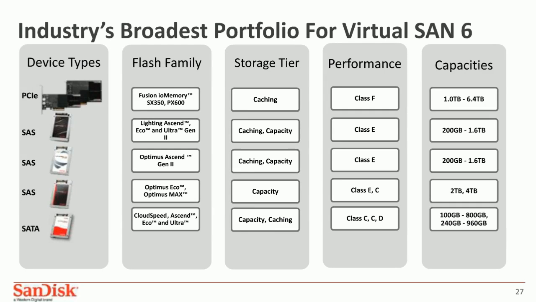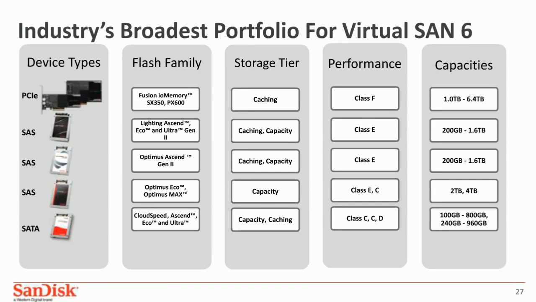That is called Lightning. Those are certified for both caching with the Ultra and the Ascend drive, in addition to capacity with the Eco drive. And in addition to that, we have the 6 gig interfaces, the Optimus Ascend drive, and also the Optimus Eco and Optimus Max.